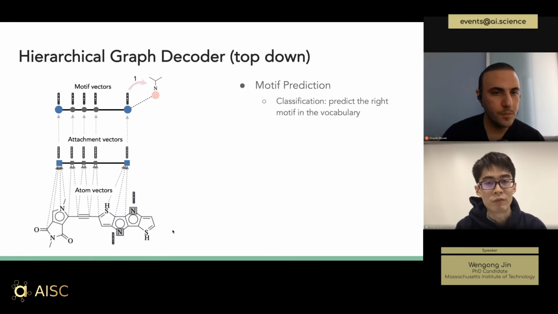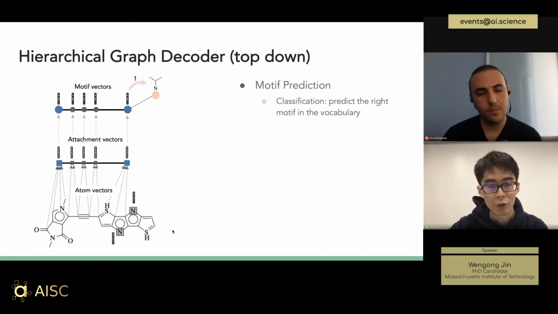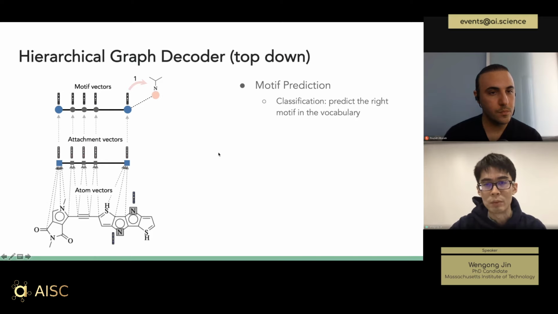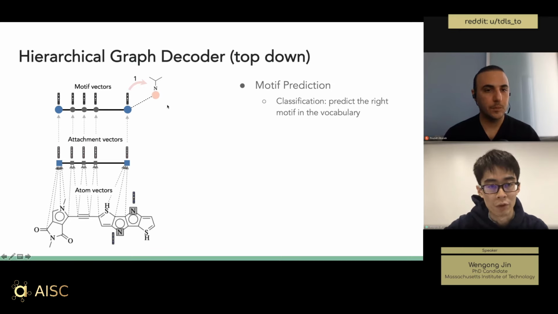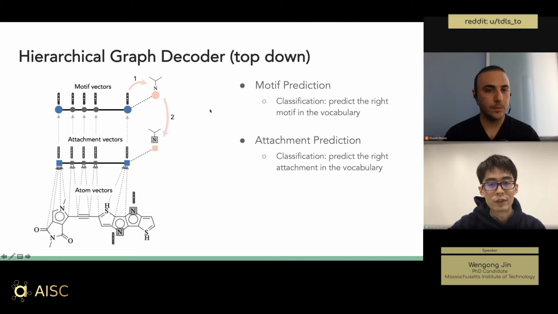Our hierarchical graph decoder also utilizes the same hierarchical representation. The generation process can be regarded as incrementally constructing the hierarchical graph. For illustration, let me repeat this one-step generation process that I described earlier. The first step is motif prediction. It is a classification task to predict the right motif from the vocabulary. After this, I can predict the right attachment for the motif from the attachment vocabulary of this motif.